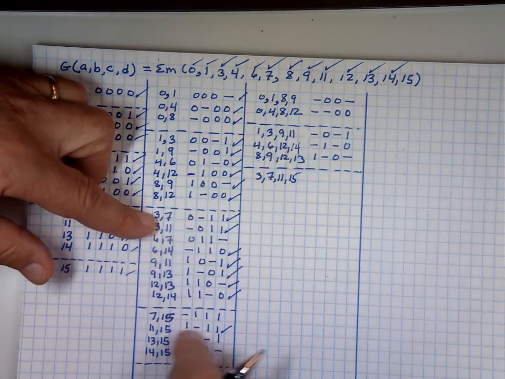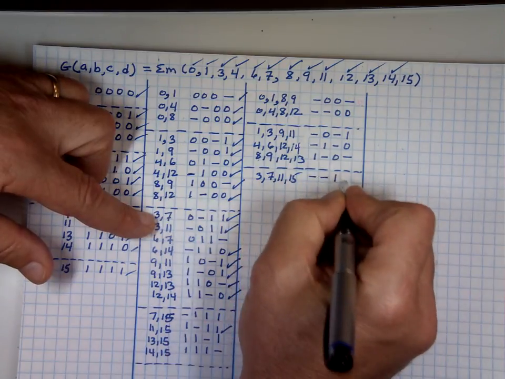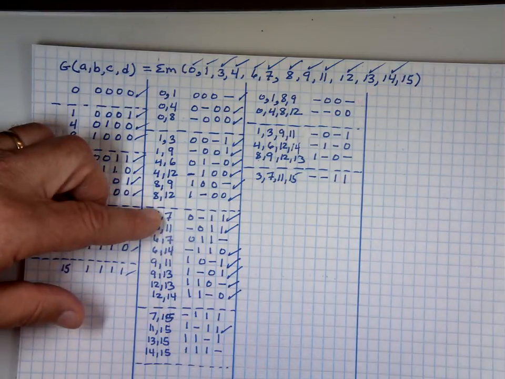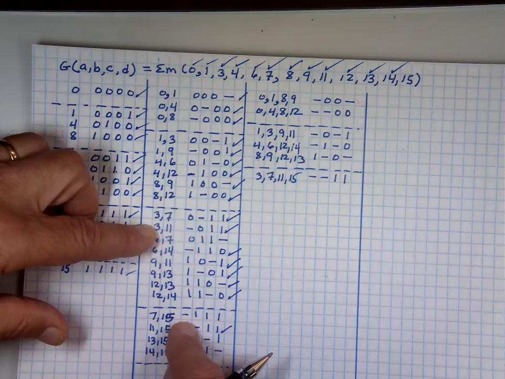Dash, dash, 1, 1. 3, 11, 7, 15. We use that, right? Dash dash 1 1. Check mark right here.